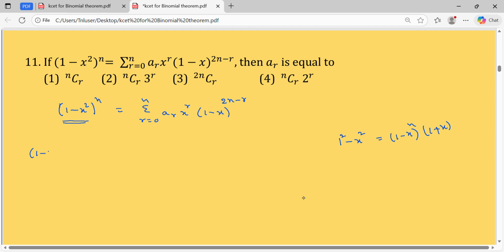The RHS is as it is, sigma r equal to 0 to n ar x power r (1 minus x) whole power 2n minus r.